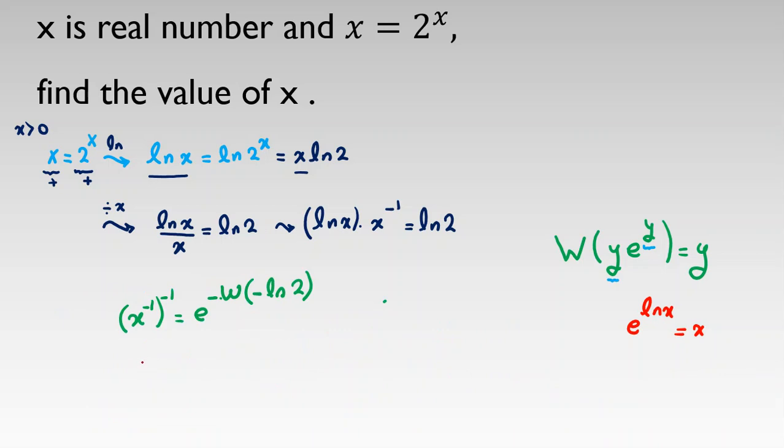The right hand side will be e to the power of negative W of negative ln of 2. So our answer is x equals e to the power of negative W of negative ln of 2. Let's draw a line around that.